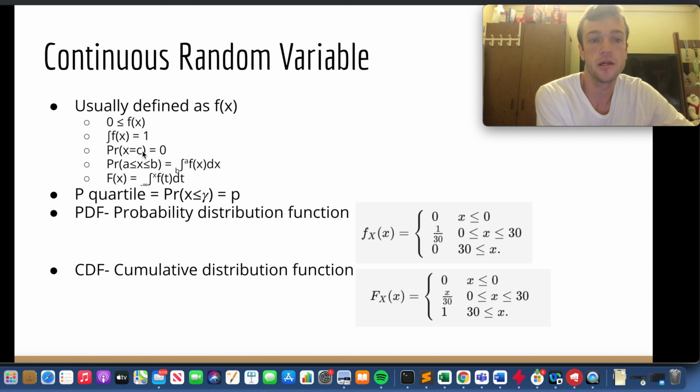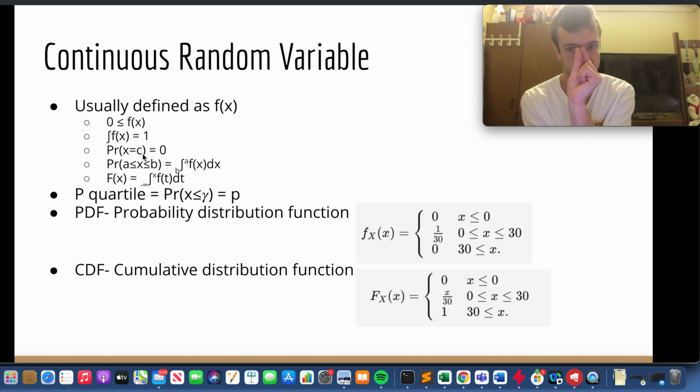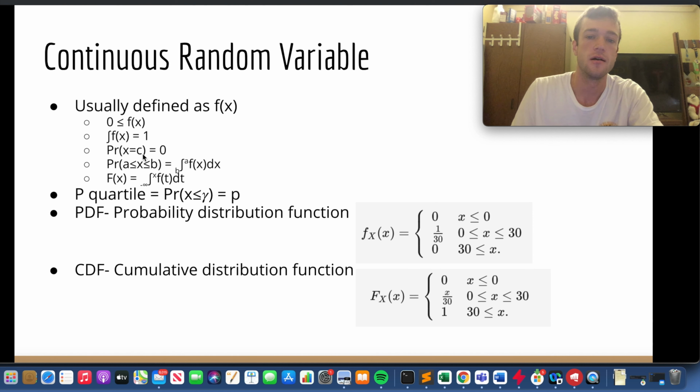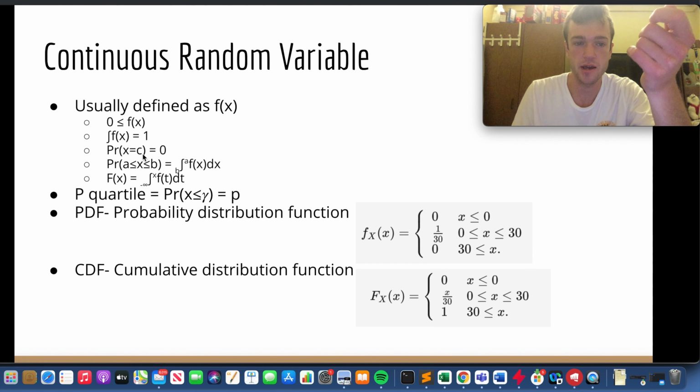The probability of x equal to a specific value is always 0 because you're looking at a tiny segment, and that's just the definition of continuous. The probability that x is between a and b is the integral of f(x) dx from a to b. The big F of x is the integral of the function from negative infinity to x.